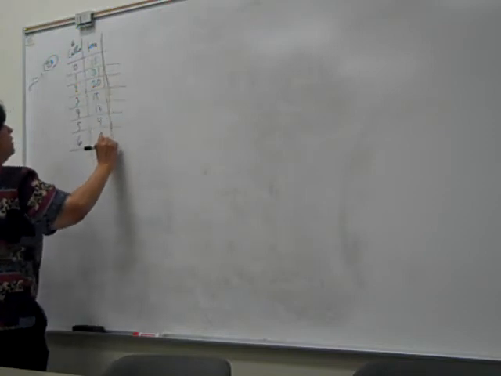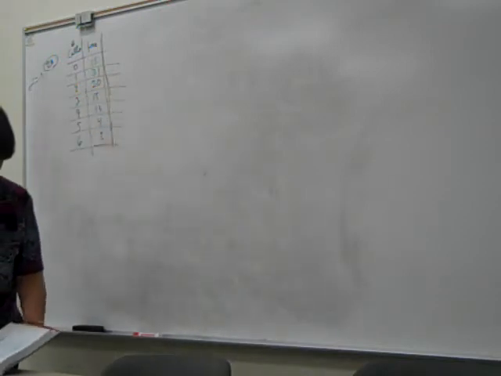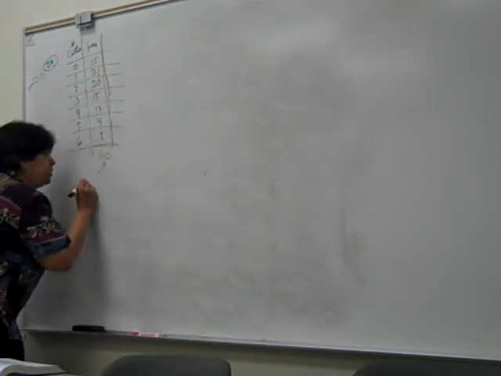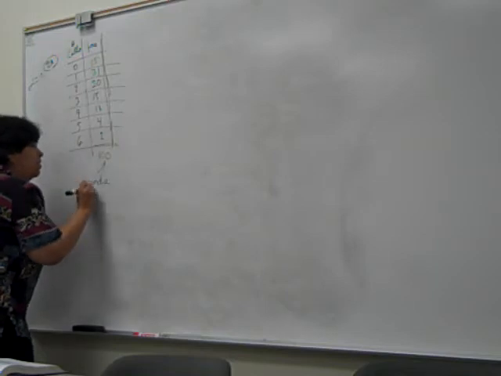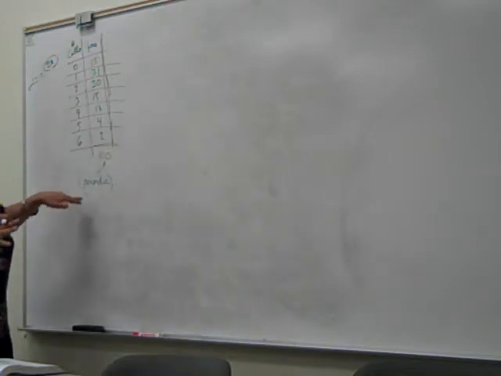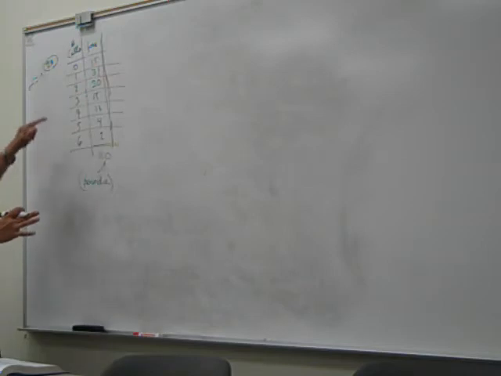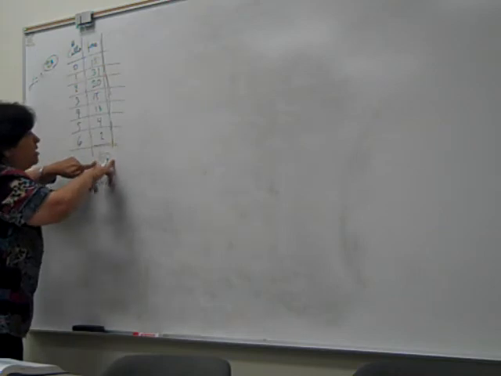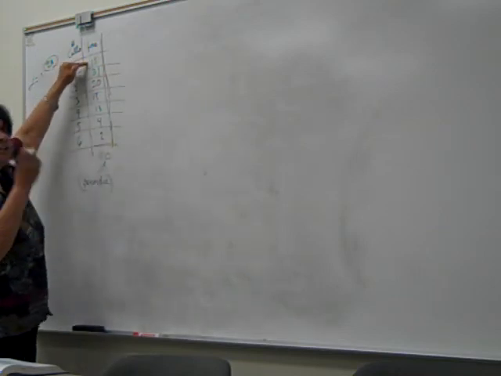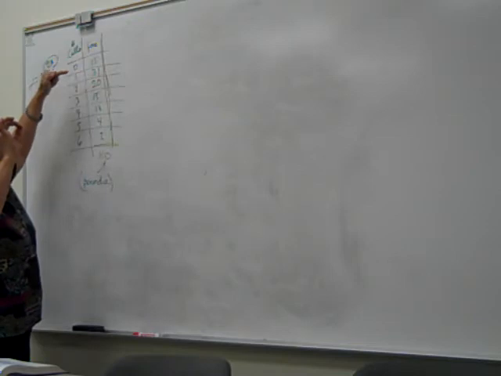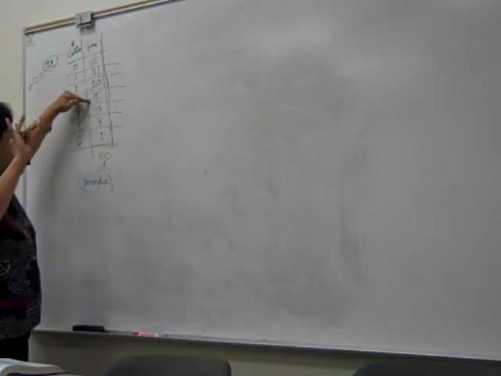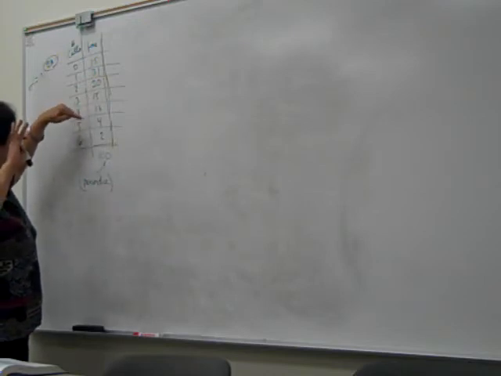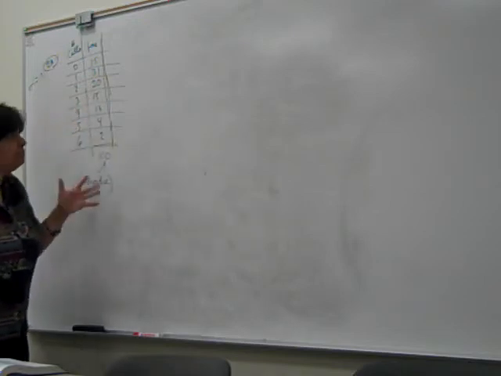So we have a total of 100 periods, periods of 1 minute that we have data from. In those 100 periods, we receive 0 calls 15 times, 1 call 31 times, 2 calls 20 times, 3 calls 15 times, 4 calls in that minute 13 times, 5 calls 4 times, and 6 calls 2 times.